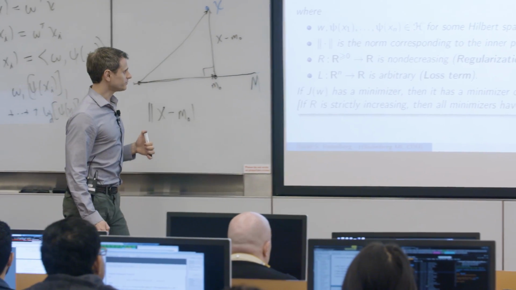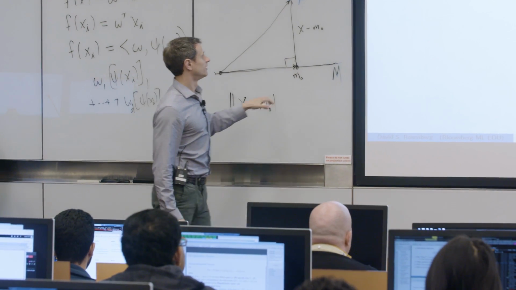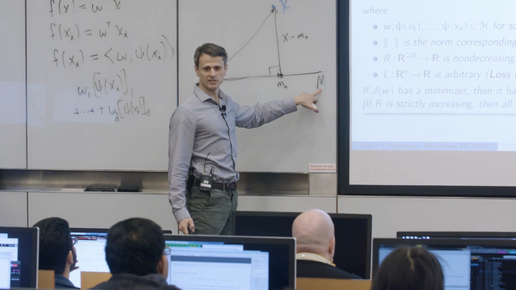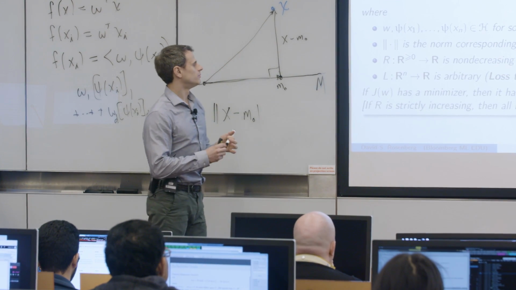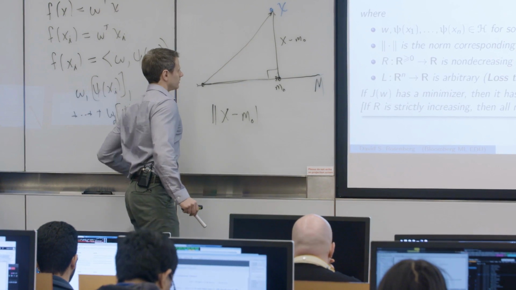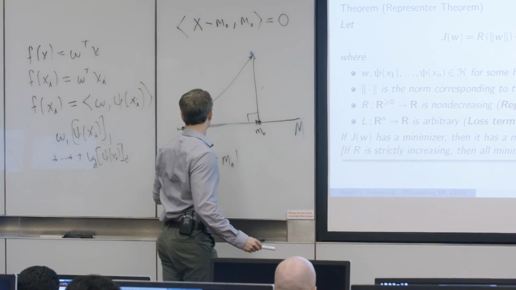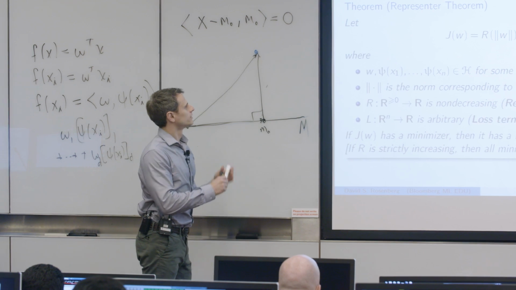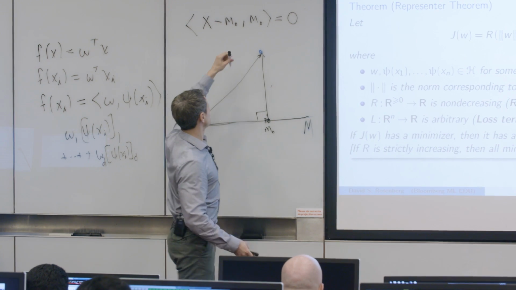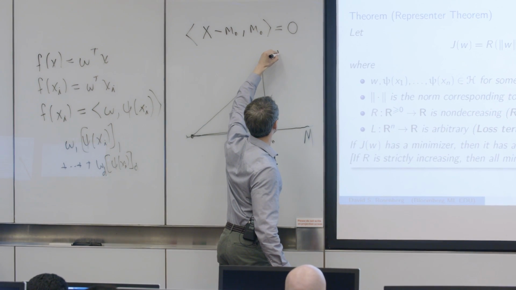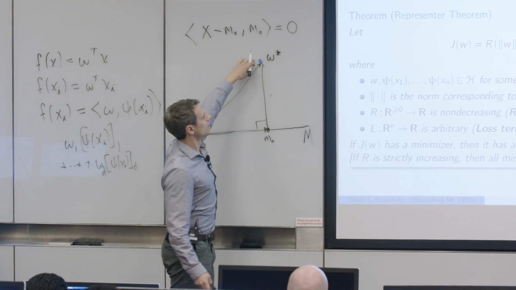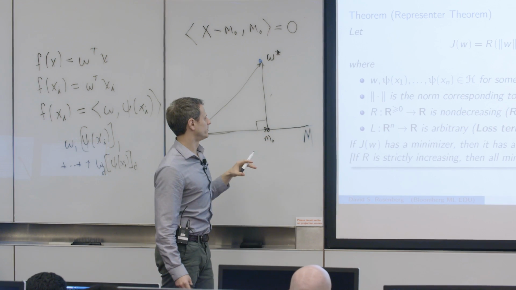So we can call that subspace M. It's conveniently already written here. We're imagining that there's some W star that minimizes the objective function.